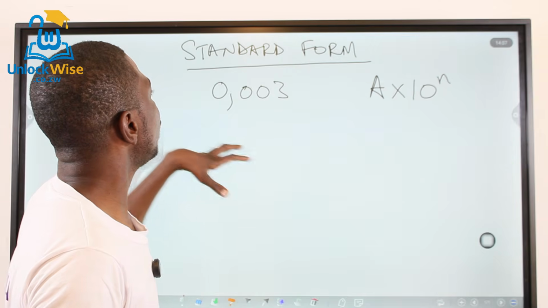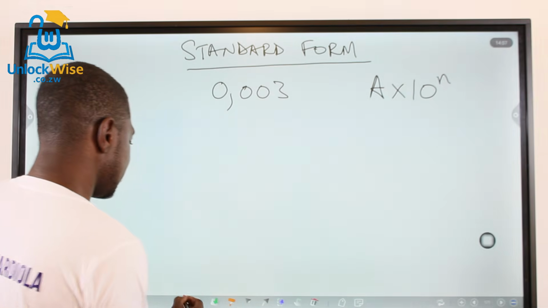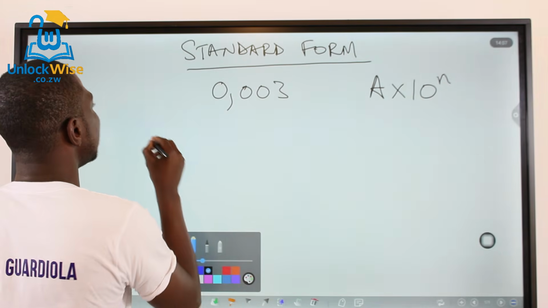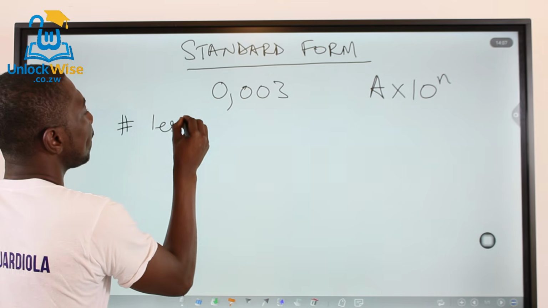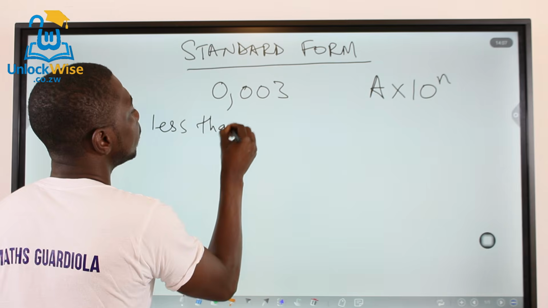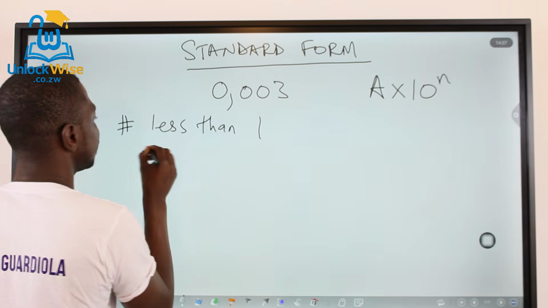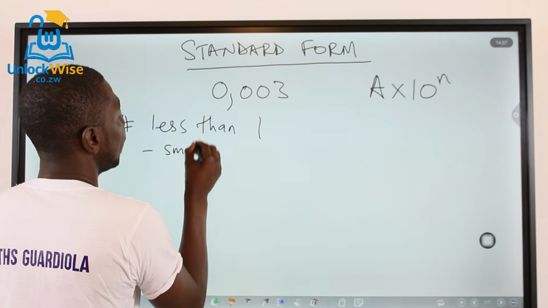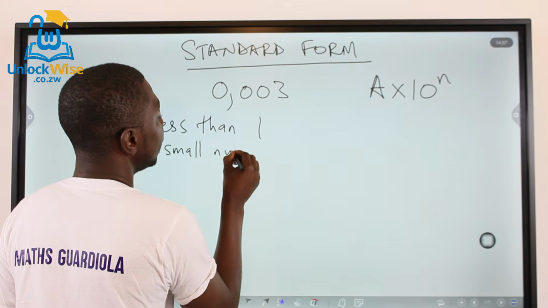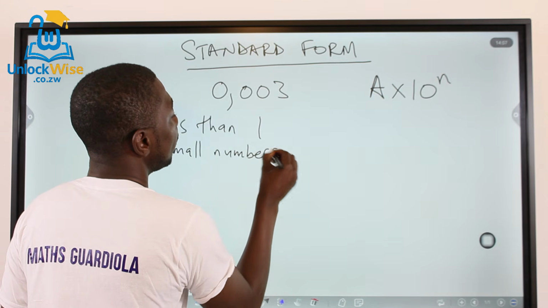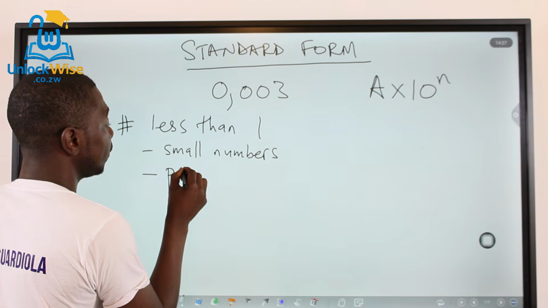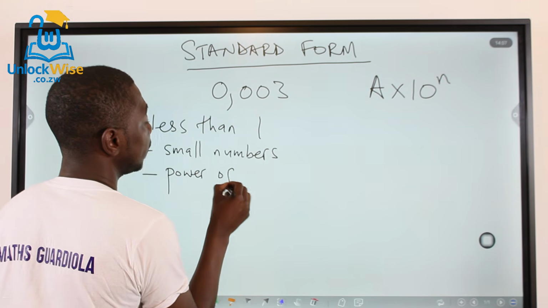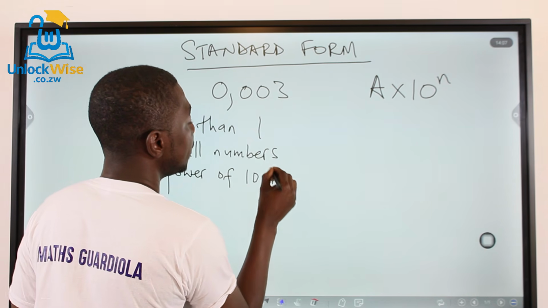So we will refer to these numbers as small numbers, numbers less than 1. And the power of 10 is negative.